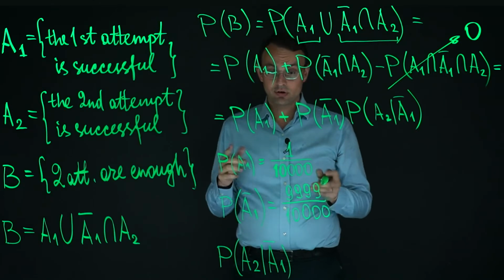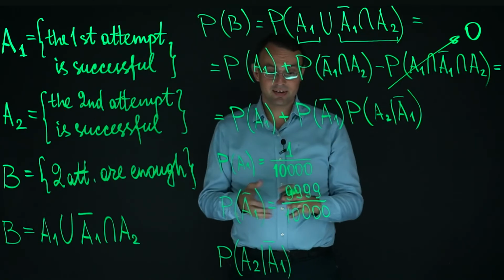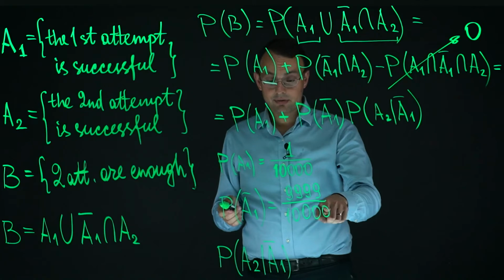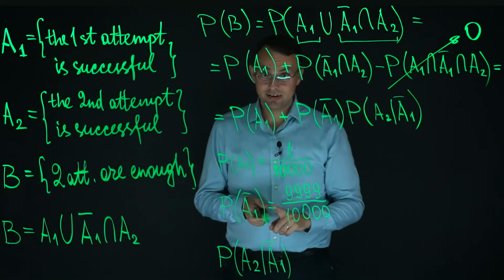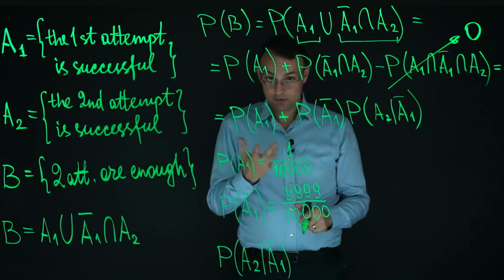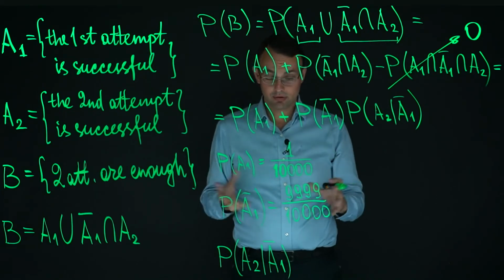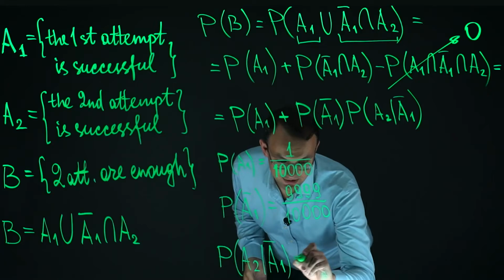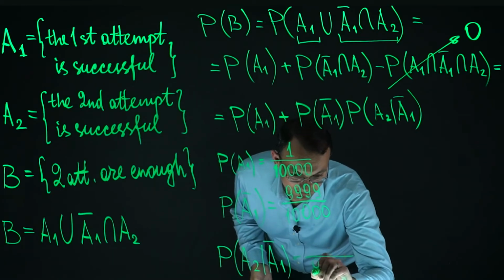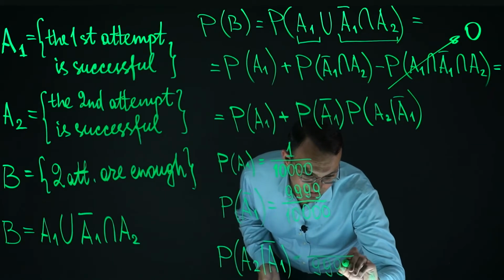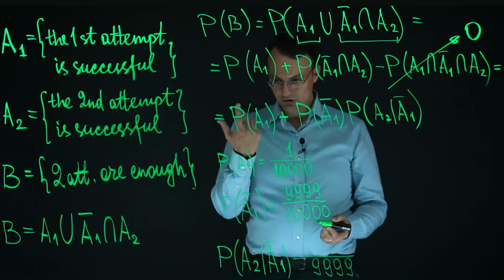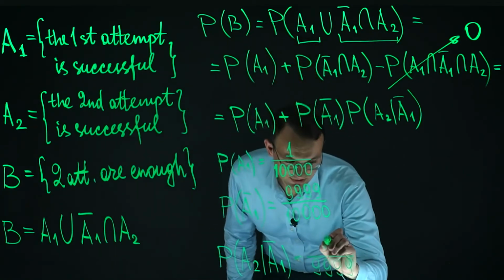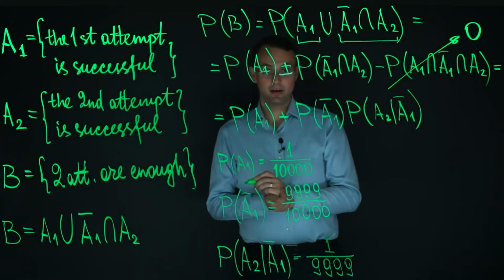So the total number of choices for us is not 10,000, but 9,999, as we know that one combination is wrong. That is why here in the denominator we have 9999. And in the numerator we still have 1, because still just one PIN code is the correct one.